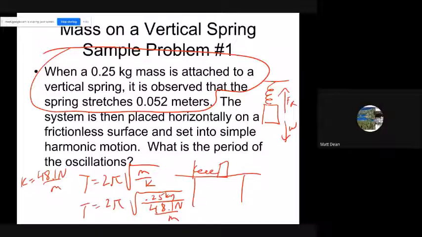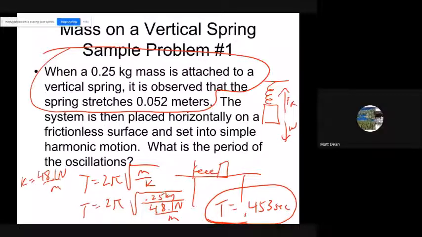And remember, if you do all your math in kilograms, newtons, and meters, your period's going to come out in seconds. So 0.25 divided by 48.1, take the square root of the quantity, and then multiply by 2 pi. You end up with a period of 0.453 seconds.